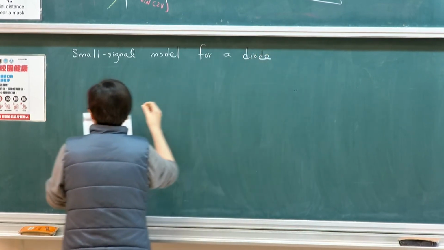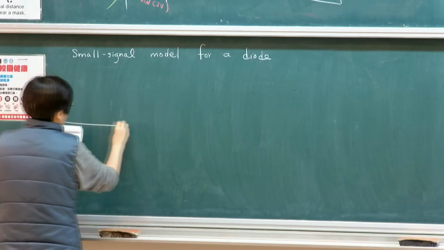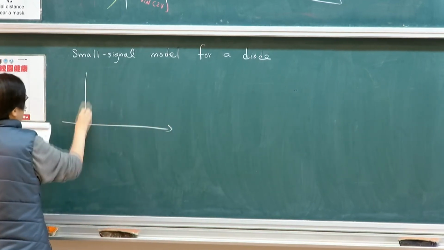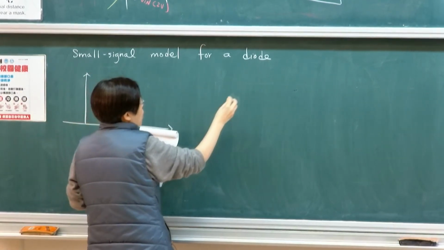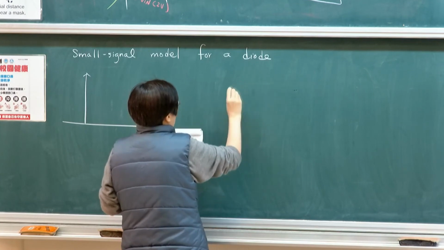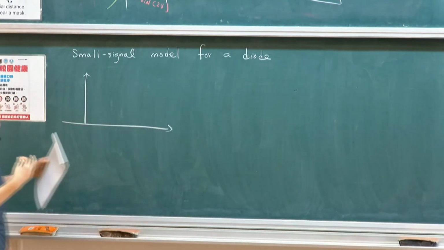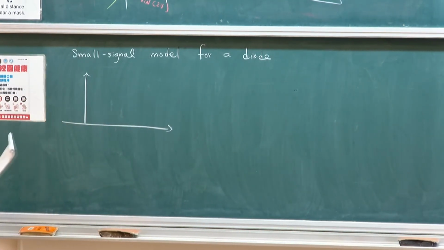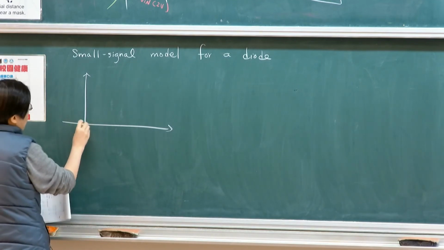We start with ID. What you want to generate is a relationship between diode current and diode voltage. But instead, small signal is like where you stand and then you move a little bit. So let me try to draw this.